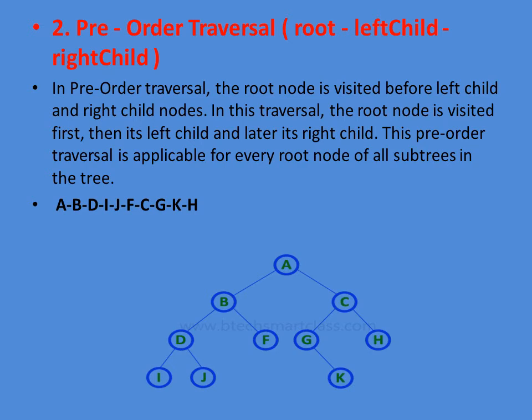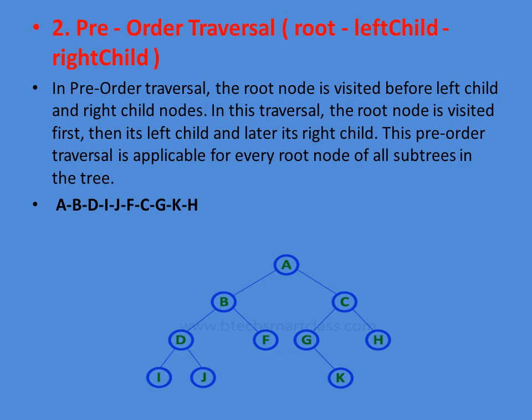Here, it first goes for A. As per the condition, it should visit the root node first. So, as A is the root node, it goes and visits A first, followed by its left child, which is B. Then it visits B and then it checks for its left child. Here, as D is also a root node, it visits D and then it checks whether it has a left child.